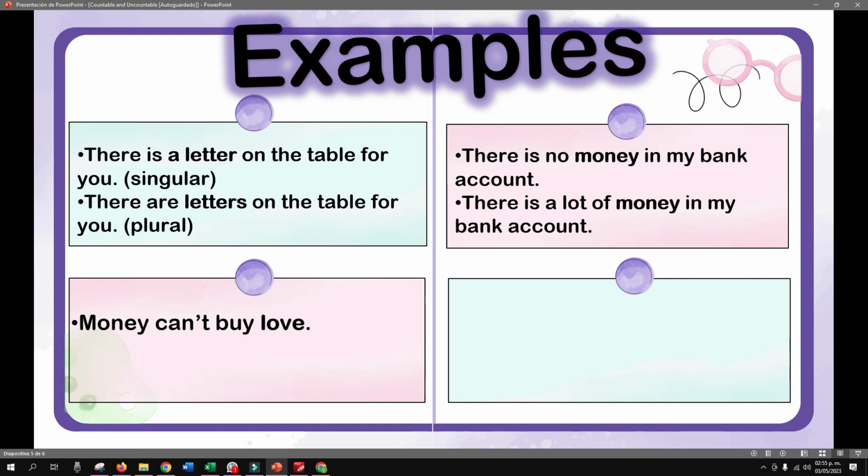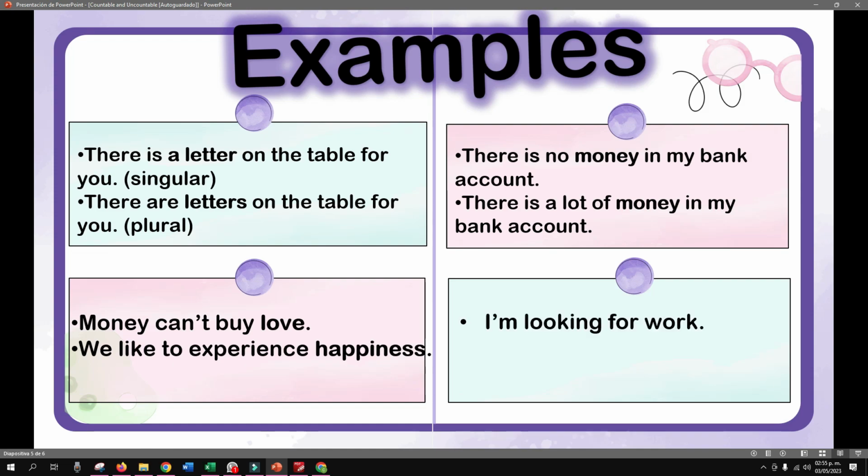Money can't buy love, right? That's another one. We like to experience happiness. Happiness, love, and money. Those are what? Uncountable nouns, right? I'm looking for work.